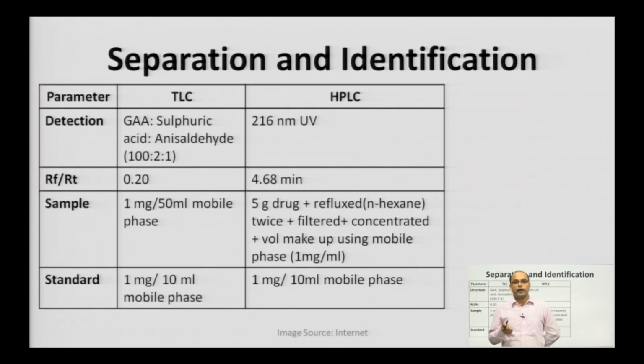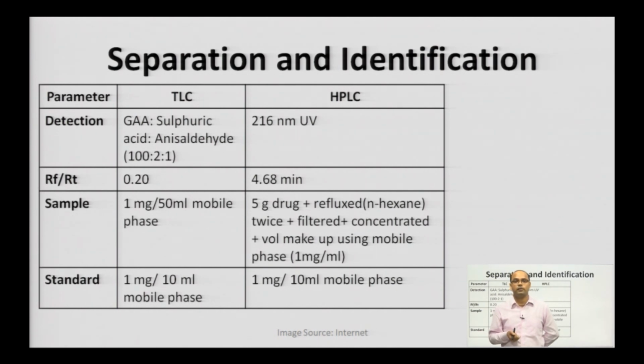The detector of HPLC was set at 216 nanometers, and under these conditions we got the peak on our chromatogram after 4.68 minutes. This is the retention time. Retention time, in other terms, can be defined as the time a compound spends in the column before being detected at the detector.